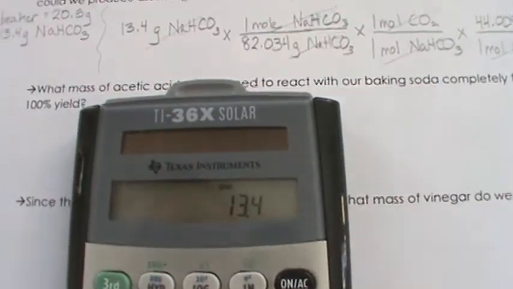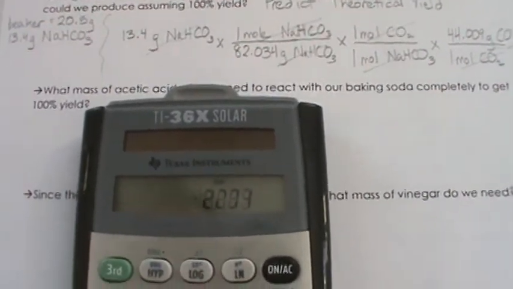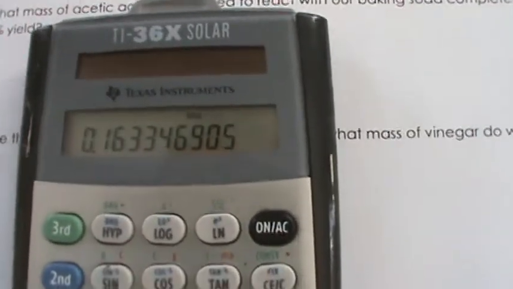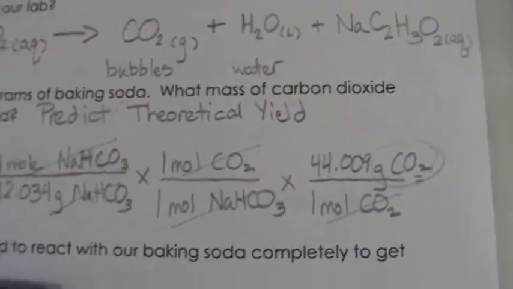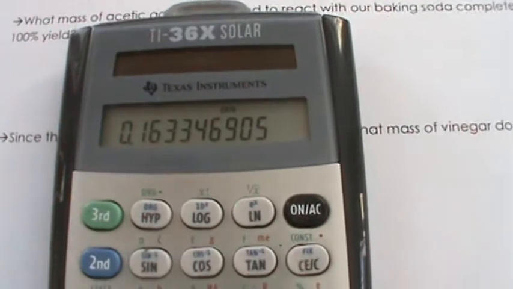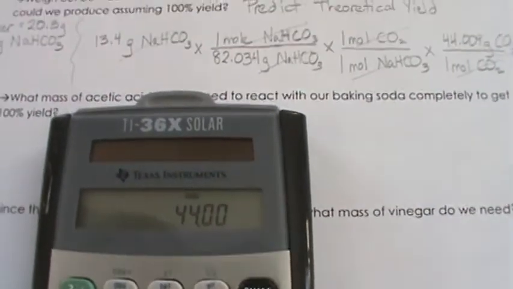divided by 82.034 equals, okay, and basically I'm just leaving out all the ones, and then times 44.009.